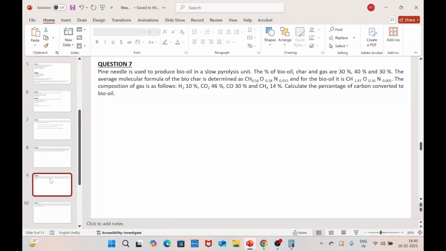Moles of bio oil. So then we will calculate the total number of moles, and then yeah. So okay, the process is correct.